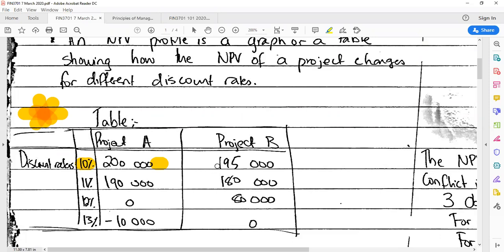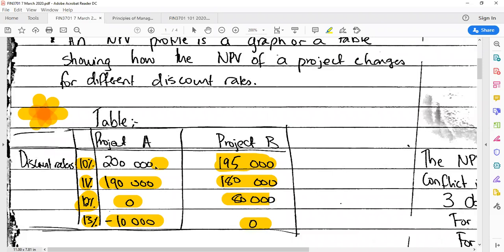The NPV for project B is 195,000 when our discount rate is 10%. At 11%, A has an NPV of 190 and B has an NPV of 180. At 12%, A has an NPV of 0 and B has an NPV of 80. And lastly, at 13%, A has a negative NPV of -10 and B has an NPV of 0.